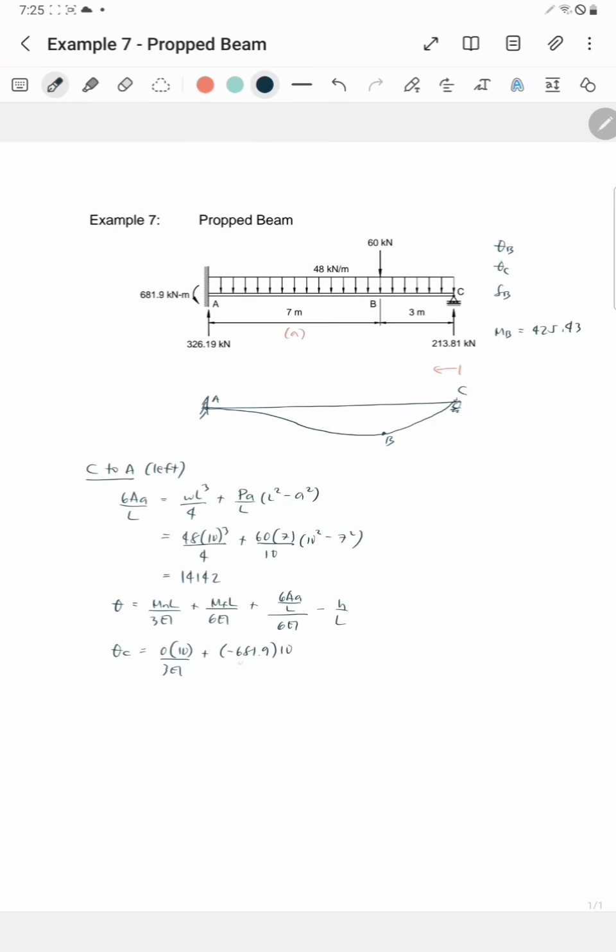The length is 10, over 6EI, plus the parameter 6A over L is 14,142 over 6EI, then minus H over L. So for H, we make a horizontal line from C to A, and it hits point A, so therefore H is 0. So the theta C is equal to positive 1220.5 over EI. Positive means the rotation at C is counterclockwise.